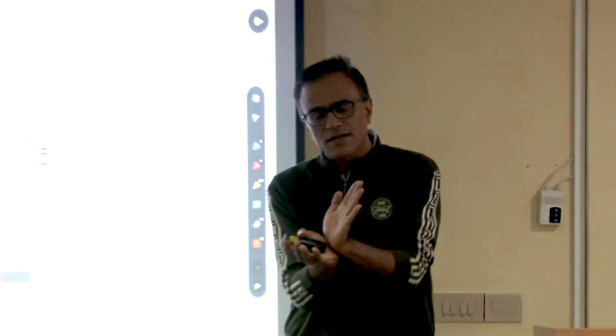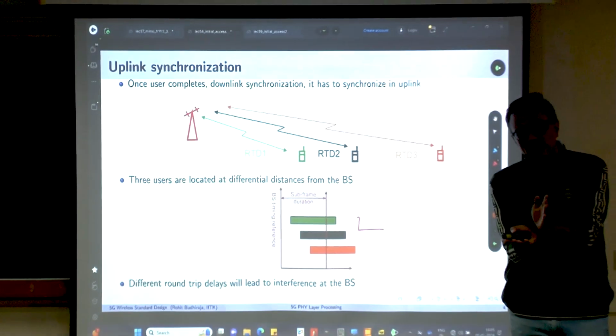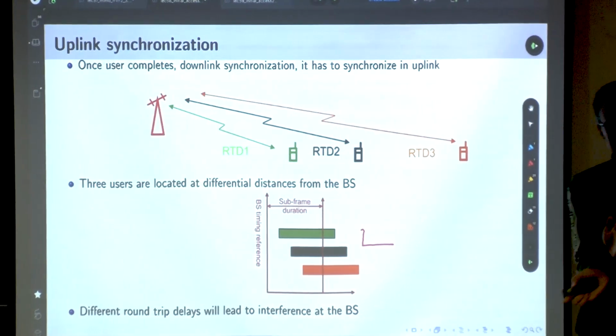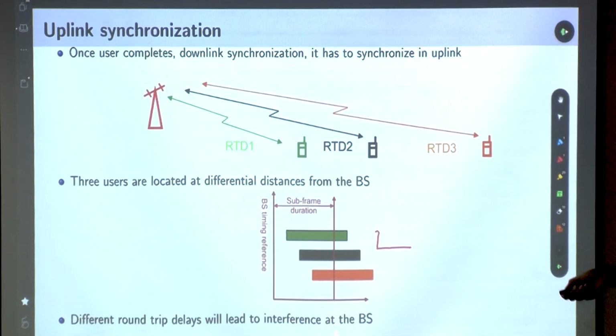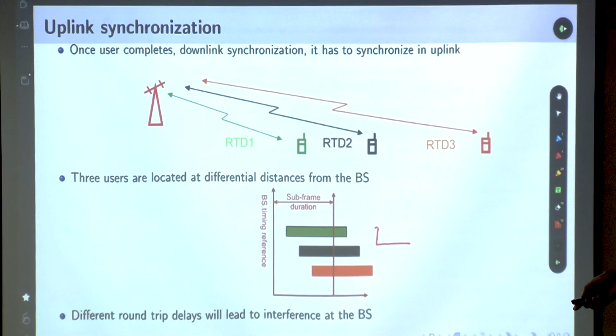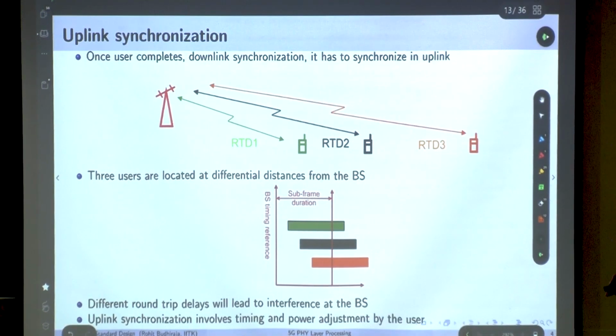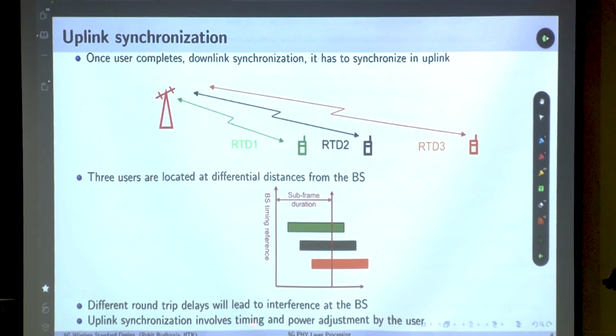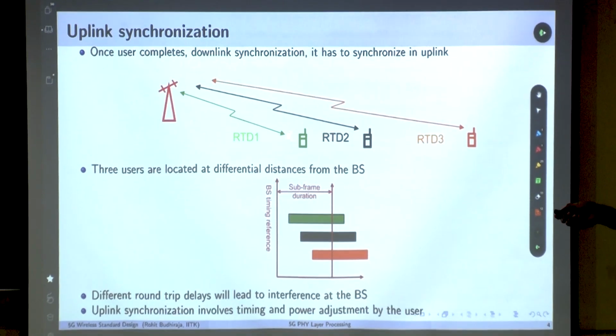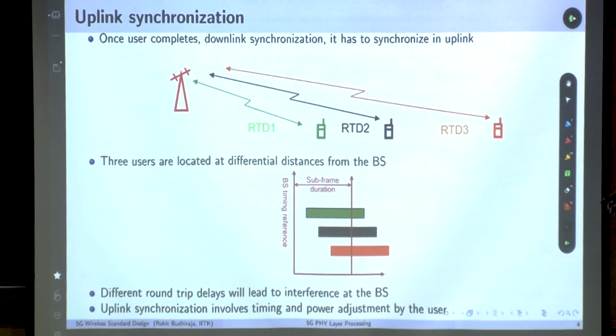Different round trip delays will lead to interference at the base station because they are not properly aligned. The interference means that the resource grid or the resource elements at the base station will not be properly aligned. They'll interfere with each other, and that's the problem. So uplink synchronization involves this timing advance and then the power adjustment, because look at this.